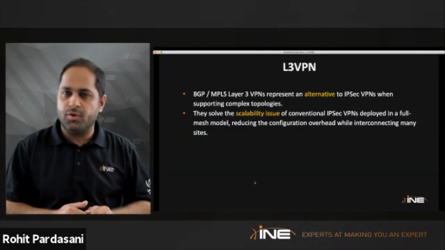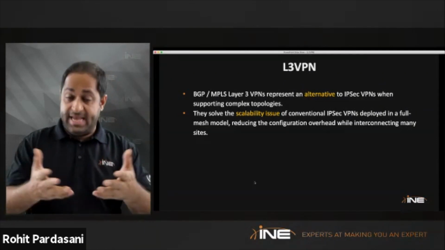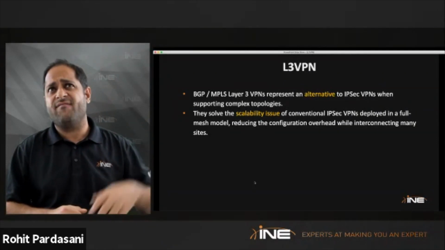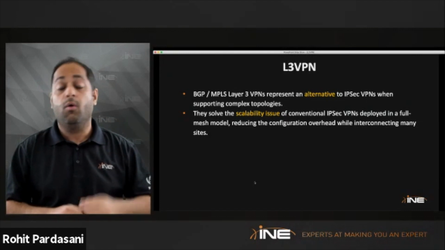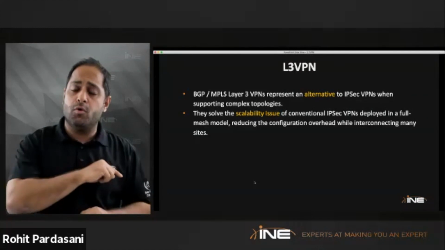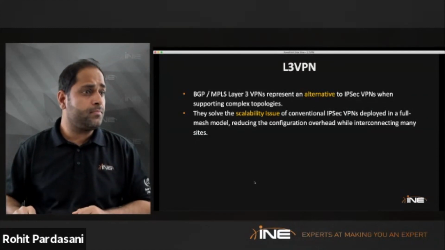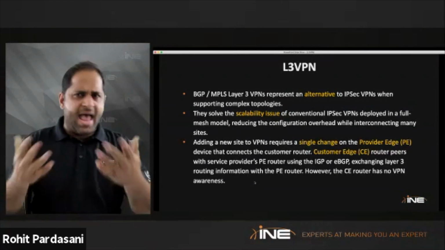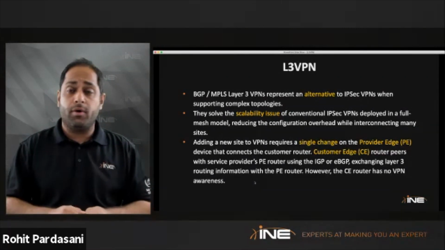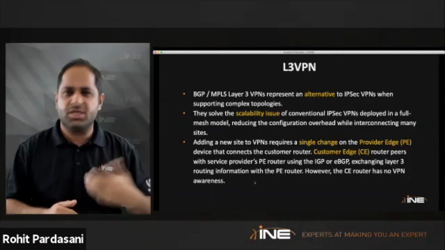The advantage of building an L3 VPN would be scalability, because now I could have multiple customers connecting to a provider, going over the shared infrastructure and connecting to remote sites. Adding a new VPN, a new customer or a new branch office does not really require much configuration.